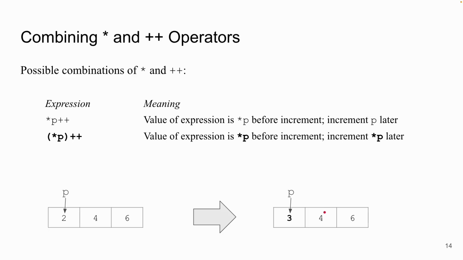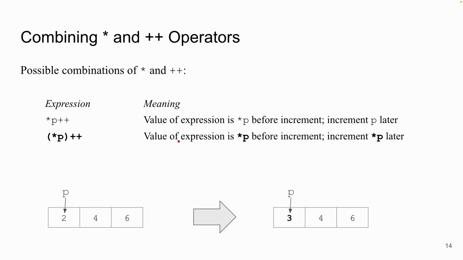So let's check out the next expression. Here we have a parenthesis. The only difference between the first one and the second one is the parenthesis. However, this parenthesis makes a huge difference, because if we add the parenthesis, that means we need to treat this all together.